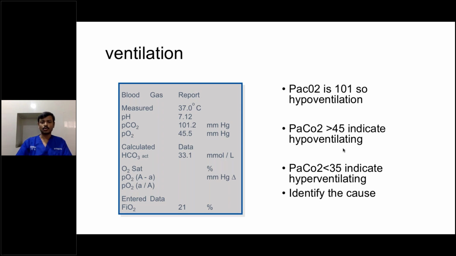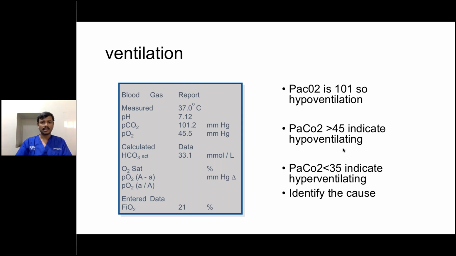If PaCO2 is more than 45, it indicates hypoventilation. If the PaCO2 is less than 35, it indicates hyperventilation, meaning the patient is breathing more, so that is removing carbon dioxide. Again, just knowing the status of ventilation is important, but also important is to identify the cause of the ventilation problem, and whether we can treat it.